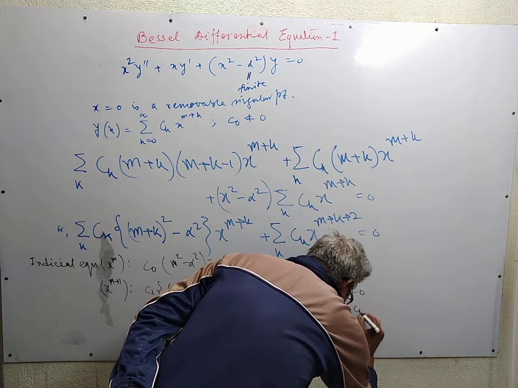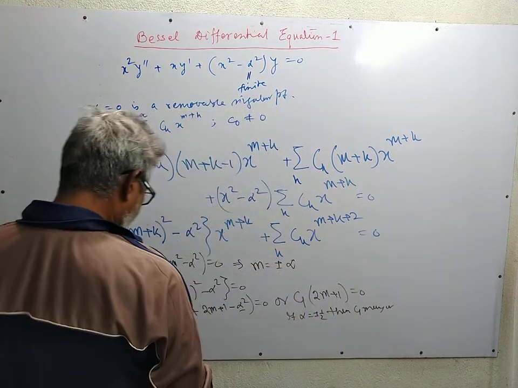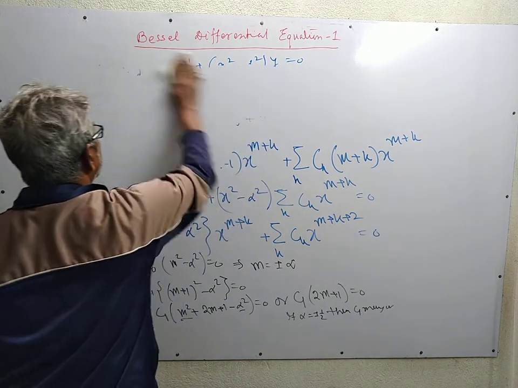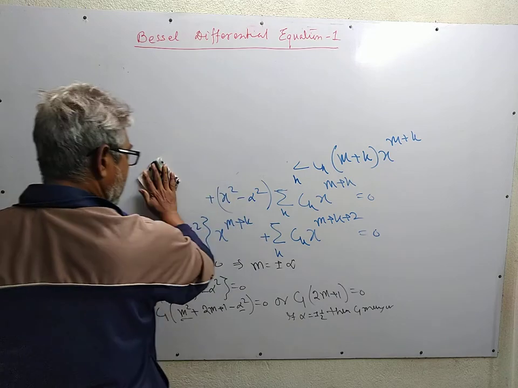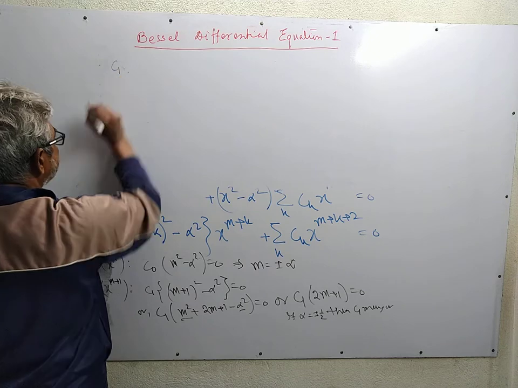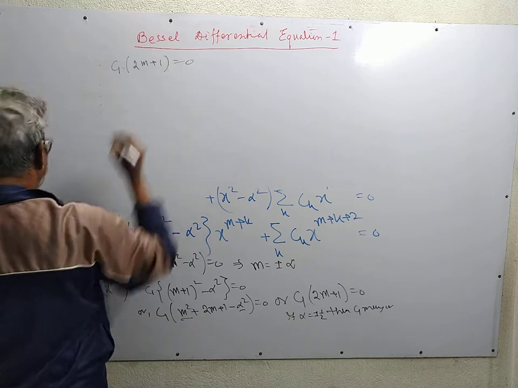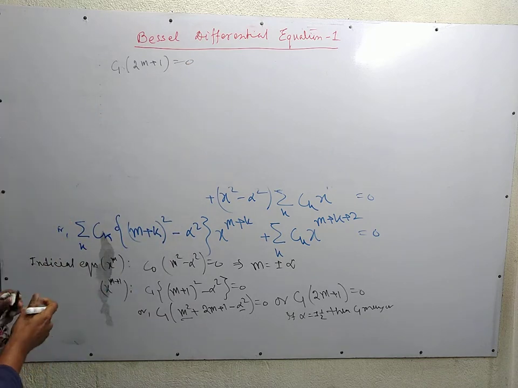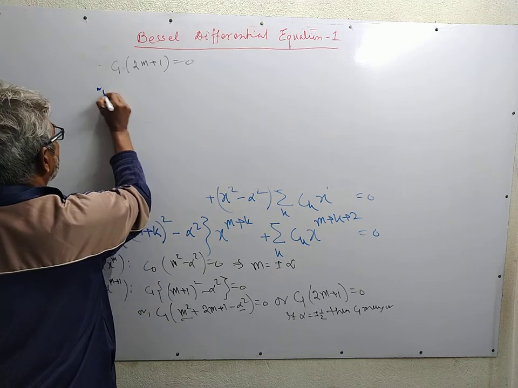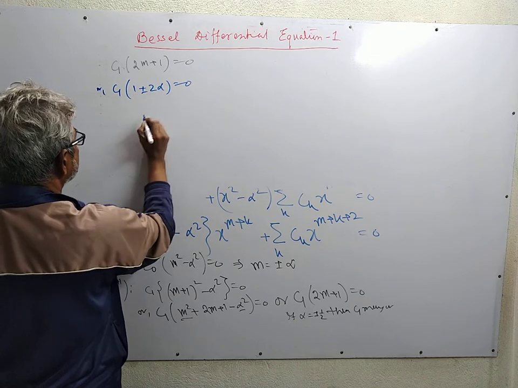then c1 may... this part of the board may not be visible, so we rewrite it. We get c1 times (2m plus 1) is equal to 0, and we know that m is equal to plus minus alpha, or c1 (1 plus minus 2 alpha) is equal to 0.